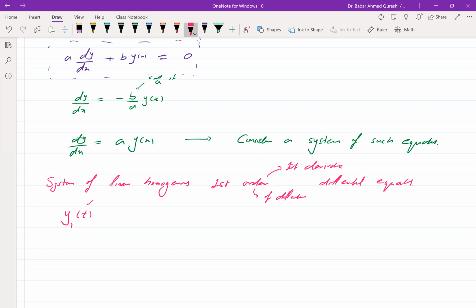So y1 is a function of t, but you have many such functions.